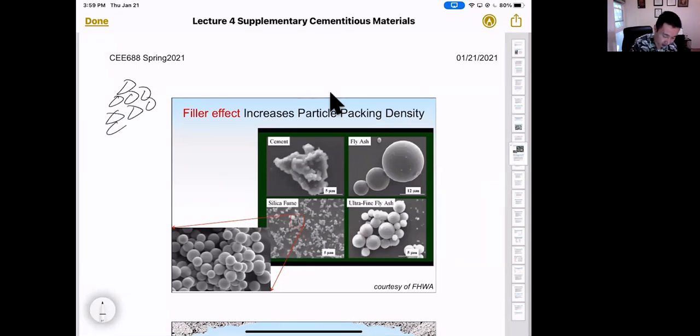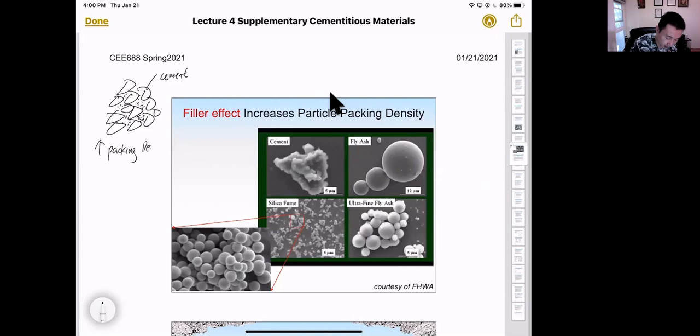Okay, let's say these are cement. Cement particles are around 10 to 15 micrometer in size, and silica fume is like 1% the size of cement. So when we introduce silica fume, it will pack the interparticle space between cement, which means we can increase the so-called packing density.